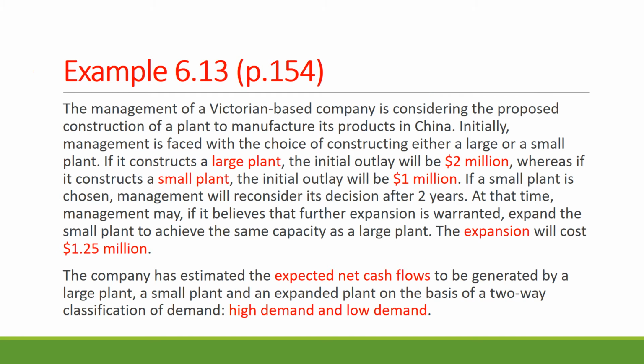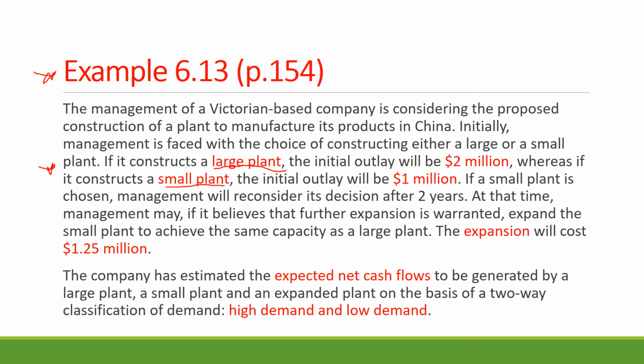So for example, let's look at an example from the textbook. This is an example that I take from page 154 in the textbook. Right. So what we have here is an investment project with only 2 decisions. At the first stage, the company has to decide whether to invest in a small plant or a large plant.